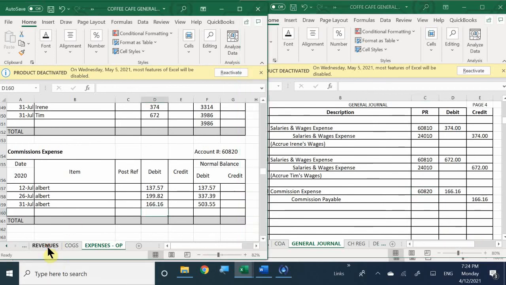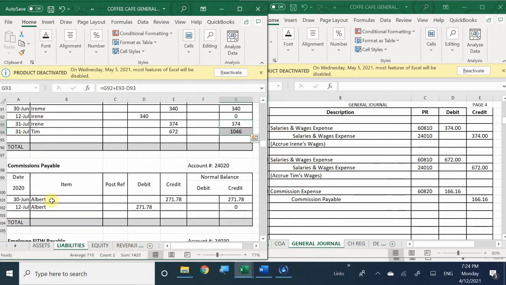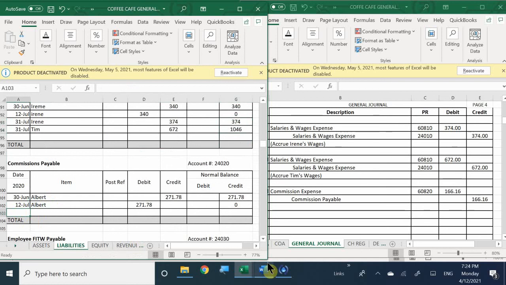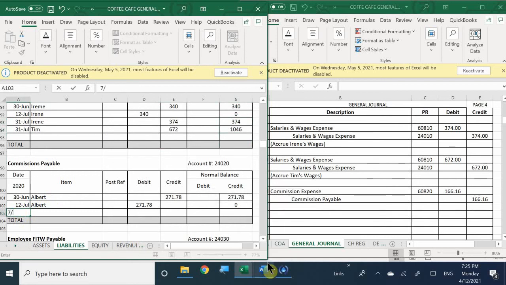Then we're going to go ahead and find our liabilities, because we owe Albert. Here we are: commissions payable for Albert. That's going to be for $166.16.